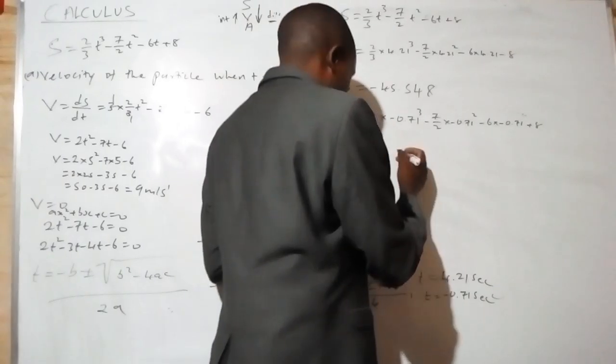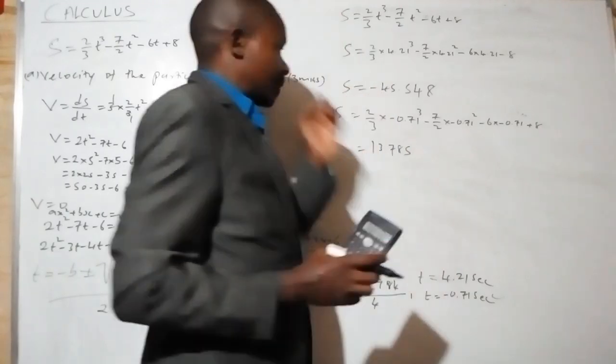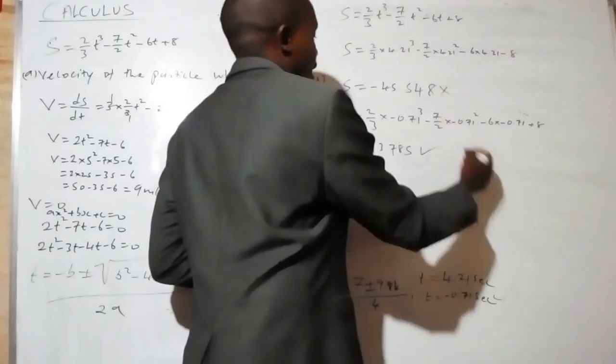And since a distance cannot be negative, you can drop the negative and pick the positive one.